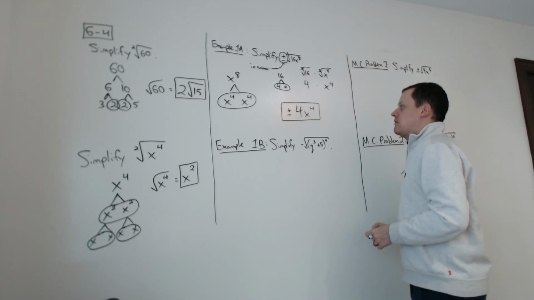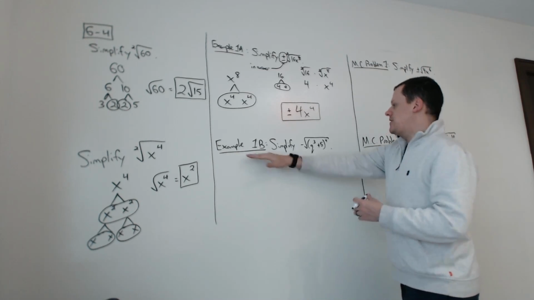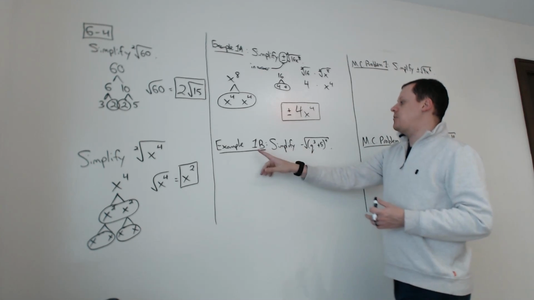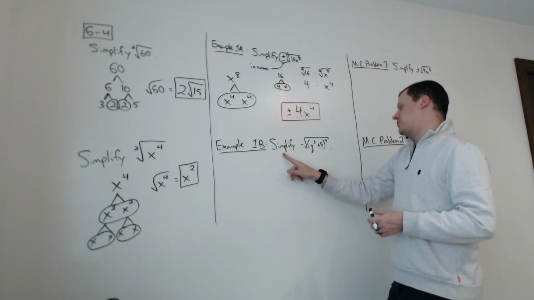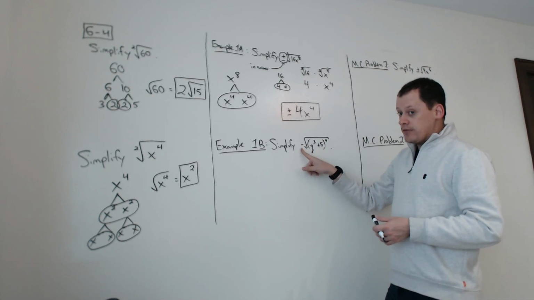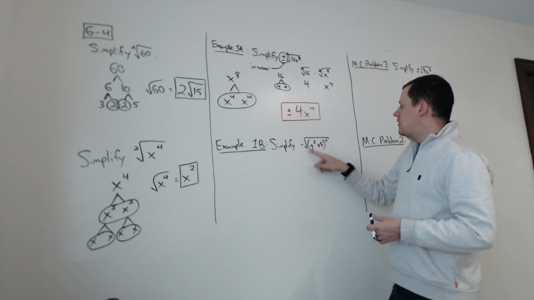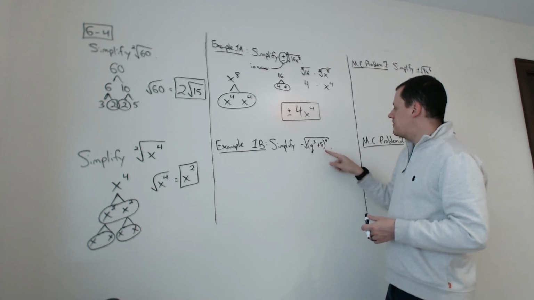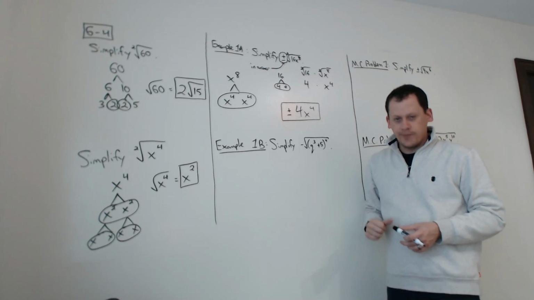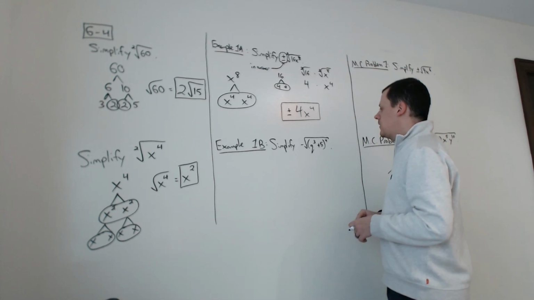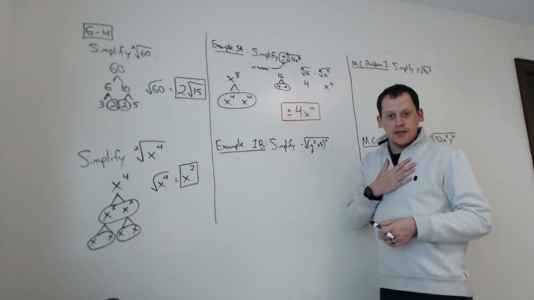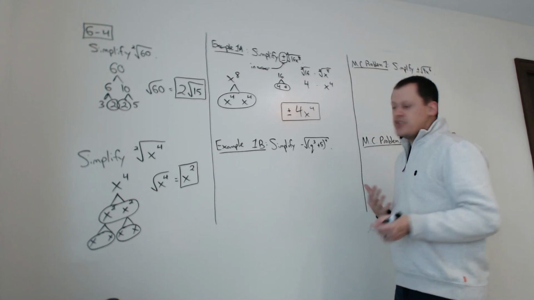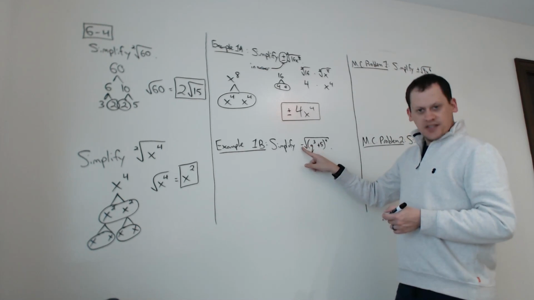Okay, so let's do another example here. Example 1b. We want to simplify negative the square root of q to the 3rd power plus 5 to the 4th power. Okay. So I'm looking at this, and the first thing my eye is drawn to is this negative sign out front.